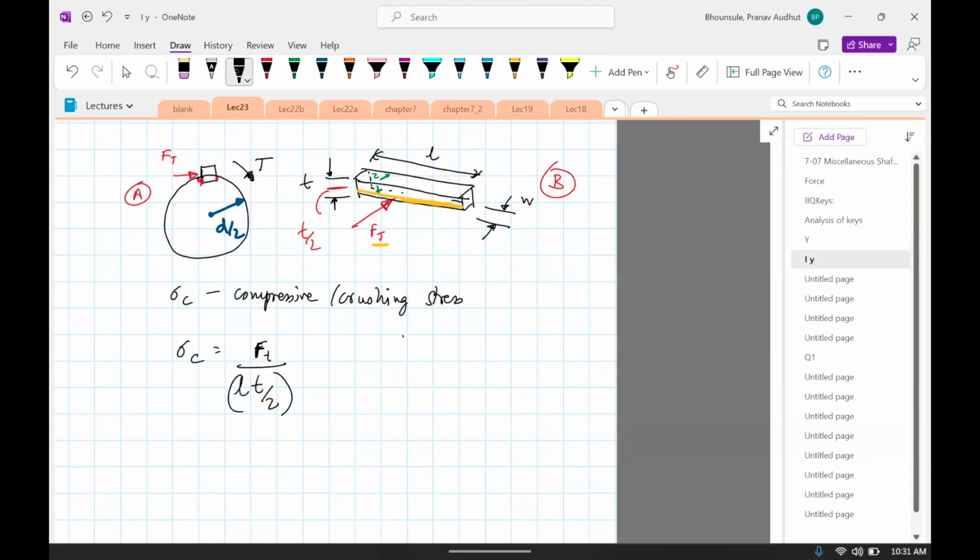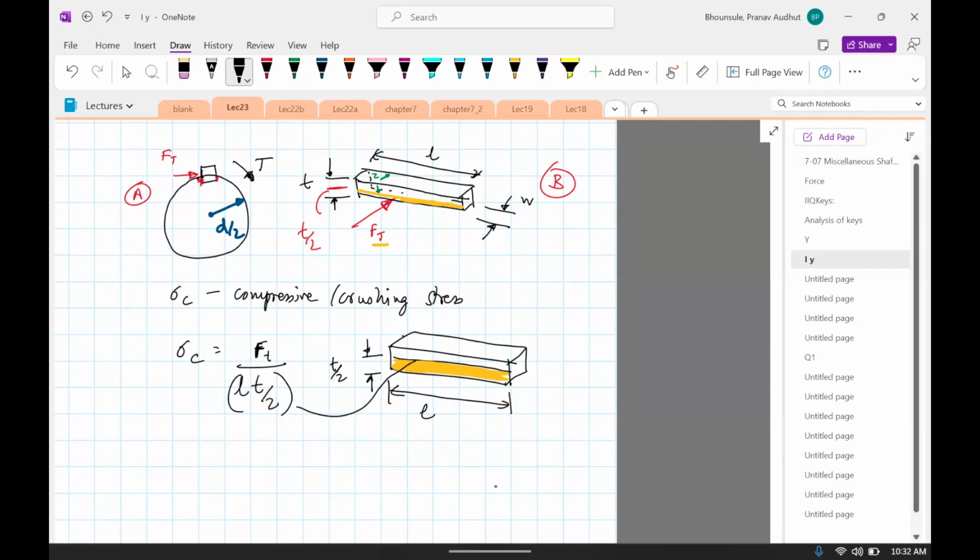The better way to draw it is this way. This is t divided by 2, it's this area. That's L. So L times t divided by 2 is the cross-section area.